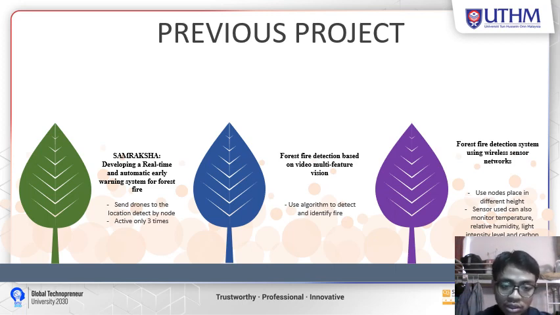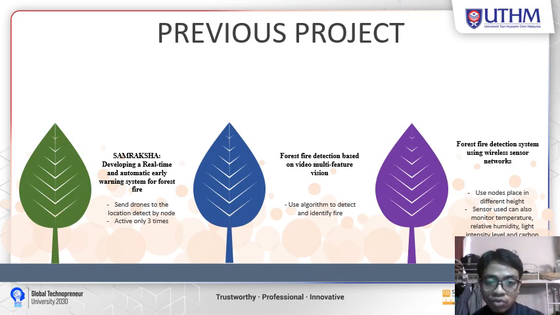This project puts nodes in the forest, and when a node detects heat, only then will a drone fly over to the area to give a live image view. This is also the project I mentioned before, which is only active 3 times a day, because they want to conserve the device's energy.